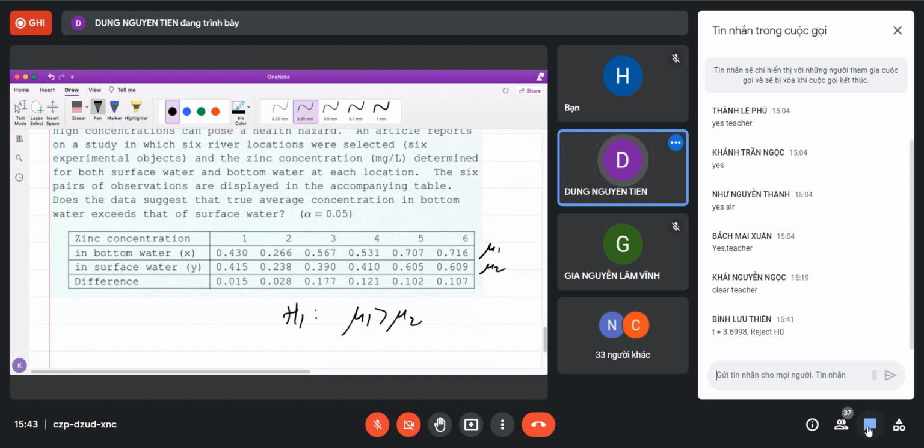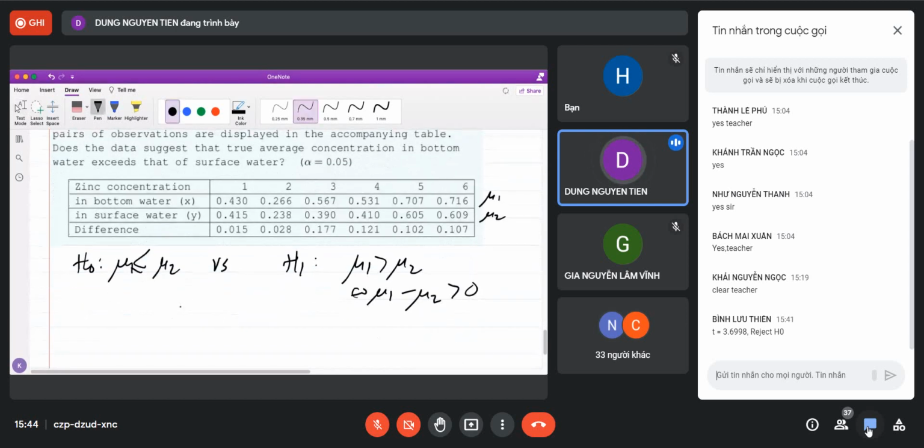So that is H1, or let's say mu1 minus mu2 is positive. For the null hypothesis, you get mu1 is less than or equal to mu2. Okay. So instead of comparing mu1 and mu2, I may want to consider mu_d is positive, right? Mu_d is the average value of the difference. So you get the null hypothesis mu_d is less than or equal to 0.